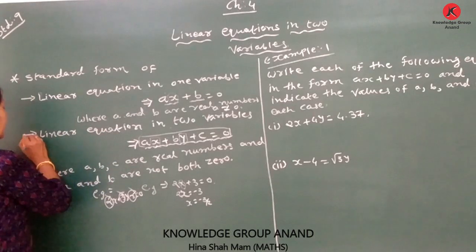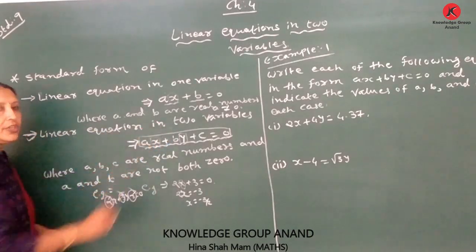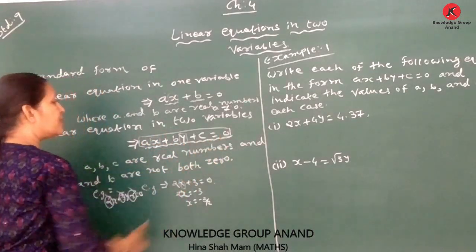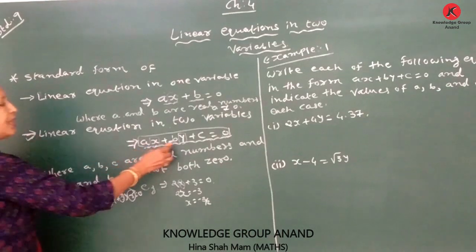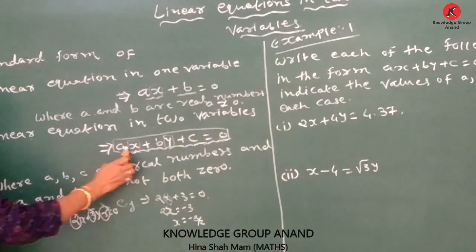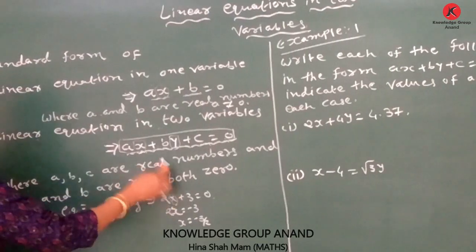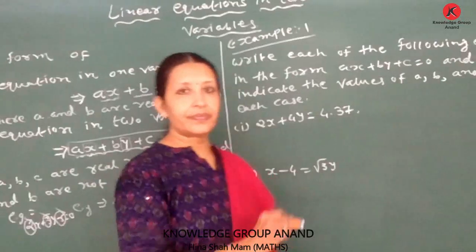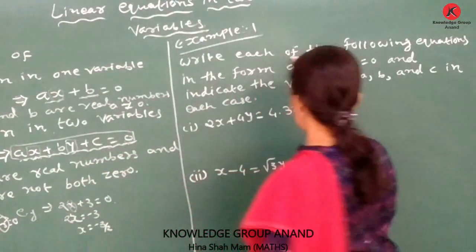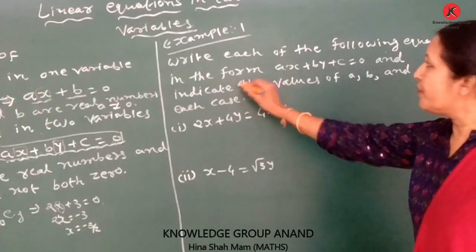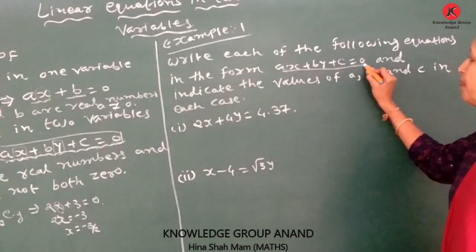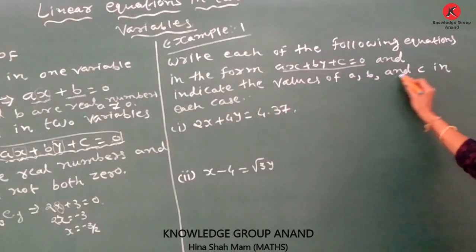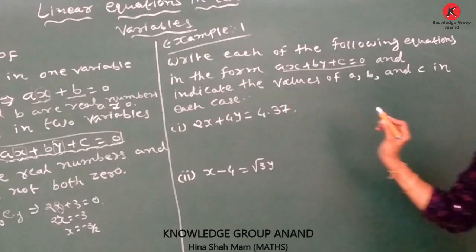Now next, again, the linear equation in two variables has standard form ax plus by plus c equals 0, where a, b, c are real numbers and a and b are not both 0. Now example number 1. Write each of the following equations in the form ax plus by plus c equals 0 and indicate the values of a, b and c in each case.